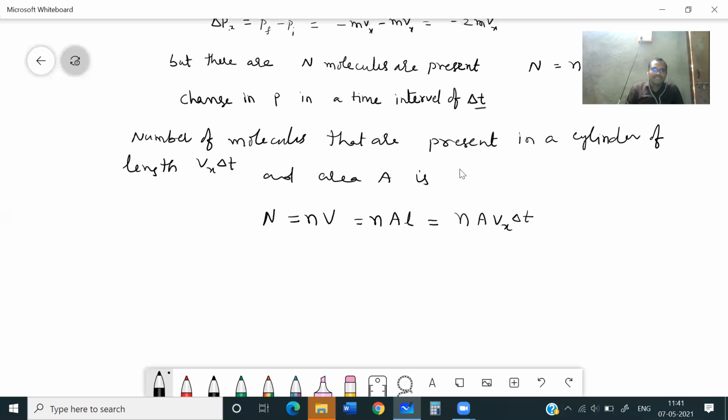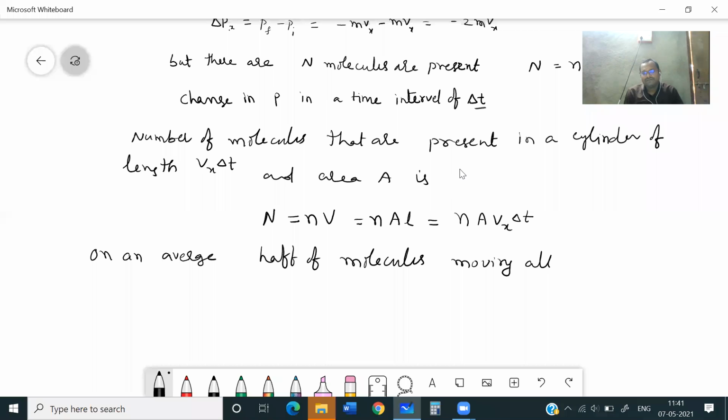So that's why on an average, half of the molecules are moving along positive x-axis. That implies the number of molecules will become n A Vx into delta T divided by 2.